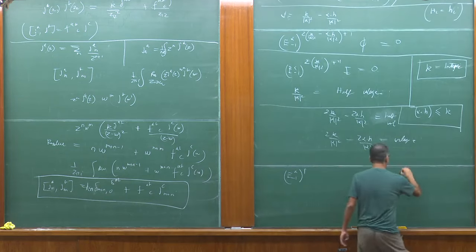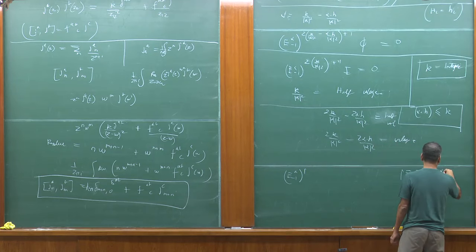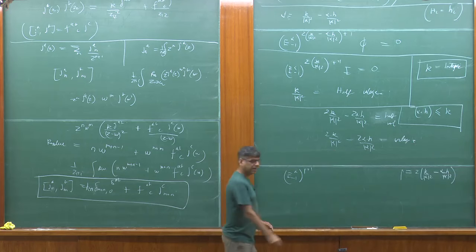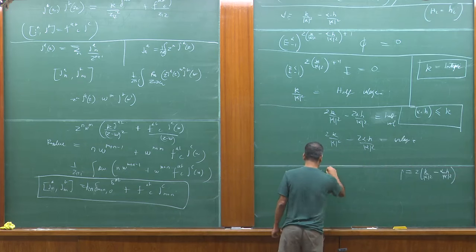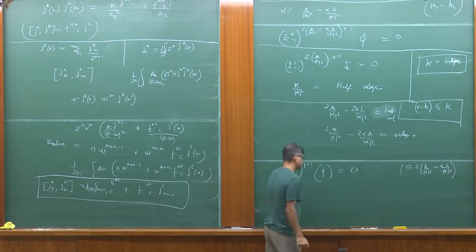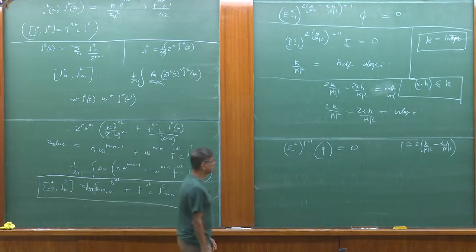So I'll define p is equal to 2k by mod alpha squared minus alpha dot h by mod alpha squared, and E alpha to the power p plus 1 on phi is equal to 0. This was our basic equation. It's a positive integer, exactly.